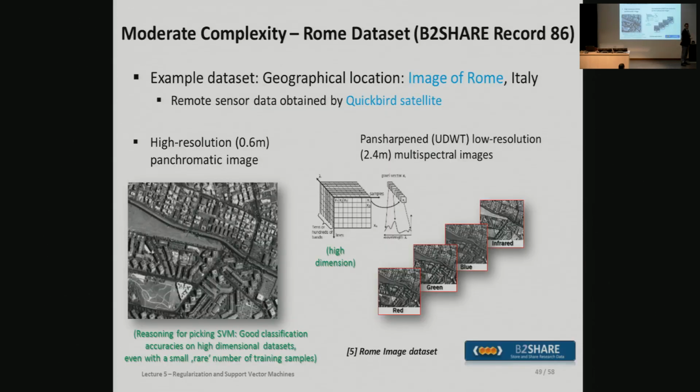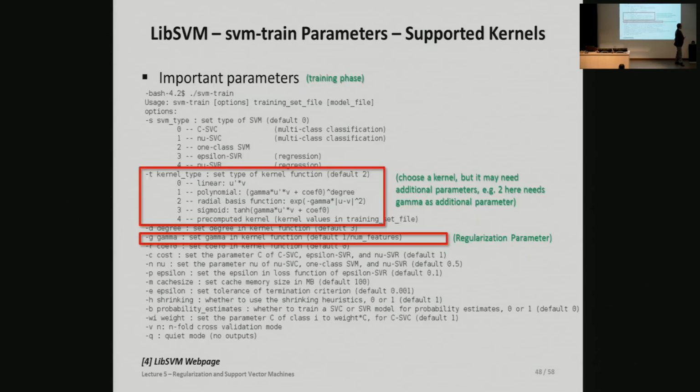Right, and of course, if you want, you can switch from Indian Pines back to Rome, because in Rome we did not have very good accuracy, as some of you also told me in the break. So now with the RBF kernel, if you use that on Rome, there's much more chance of a high accuracy. And all you have to do is, of course, just use -t 2, and for instance specify gamma 8, 16.